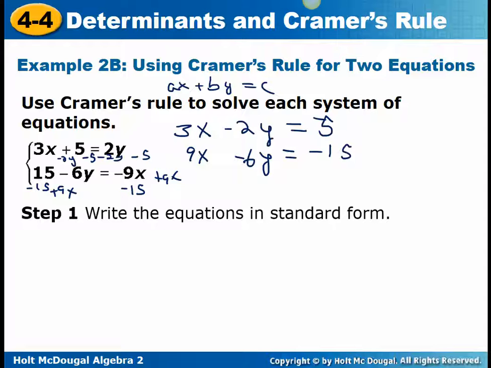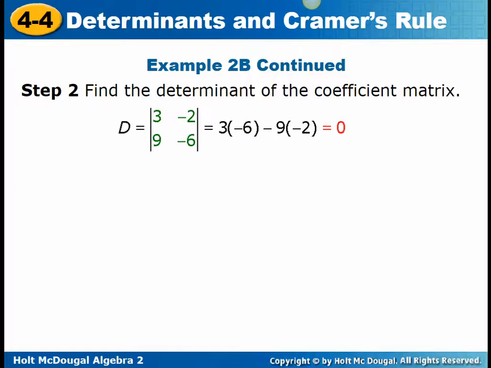Once you get them in standard form, then we can use Cramer's rule in order to write the coefficient matrix and find the determinant of that. My equations, after they were written in standard form, were 3x minus 2y equals negative 5, and the other one was 9x minus 6y equals negative 15.